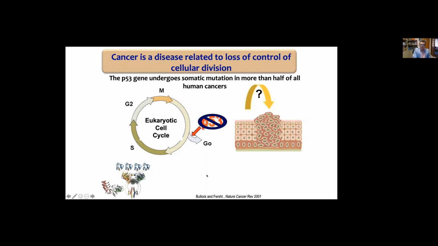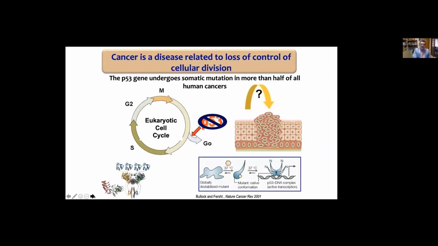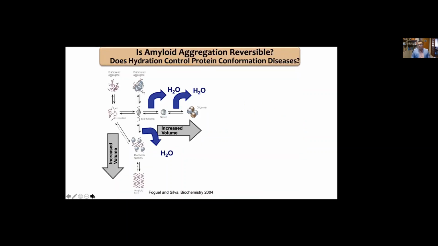People started to think it was a prion-like effect, which would contribute to making the disease faster and worse.